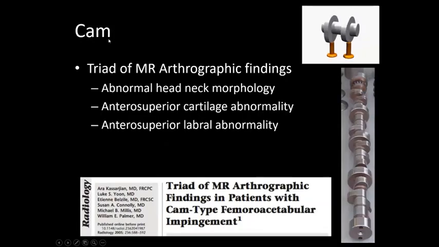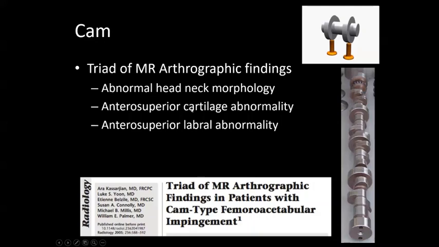Cam deformity, when it is present, can manifest in what is called the triad of cam deformity. The triad is the abnormality that we looked at, the bony bump at the femoral head neck junction, and then you also get with it anterosuperior cartilage changes and anterosuperior labral changes.